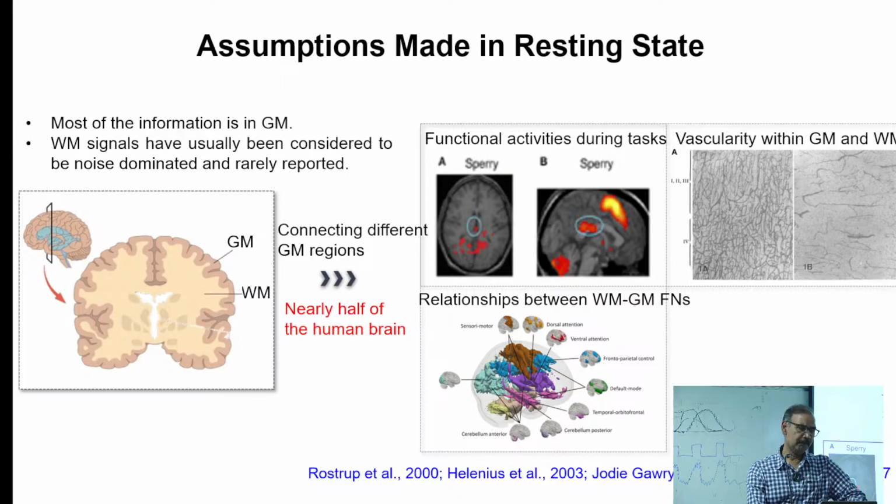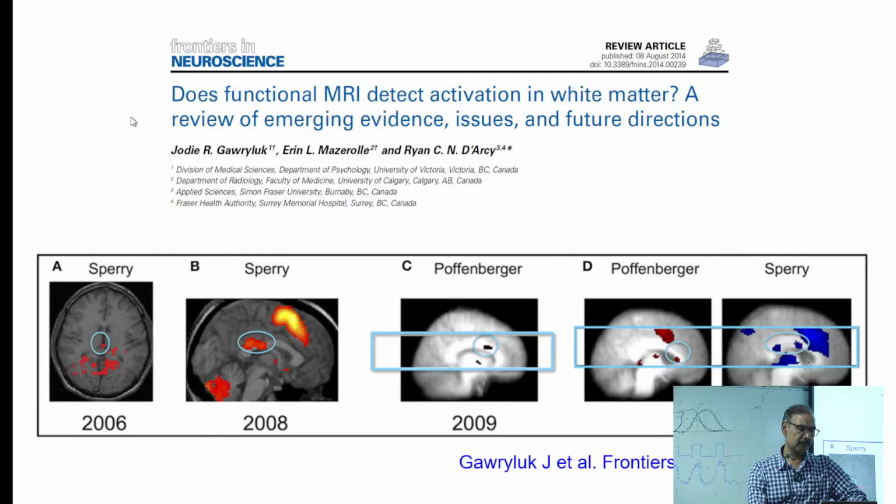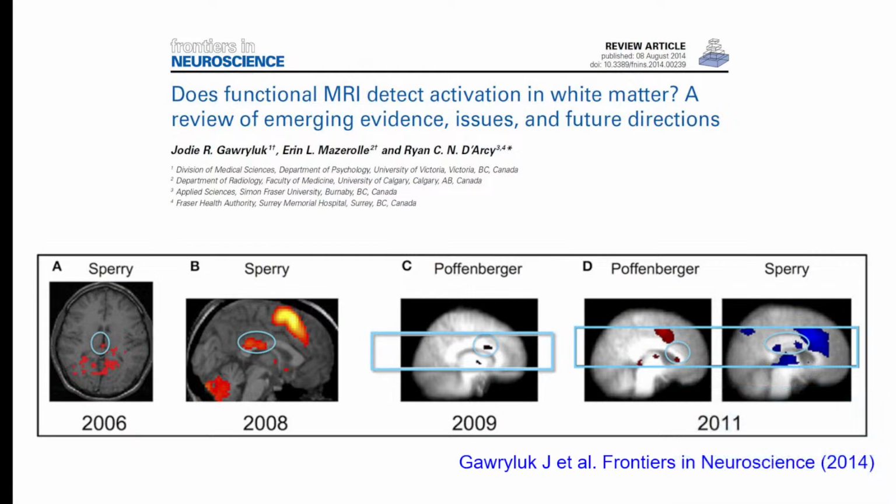However, there is literature by Judy Gorlick where they showed that for some activation studies, called the Sperry test, you get activation in the corpus callosum, which is in the white matter.